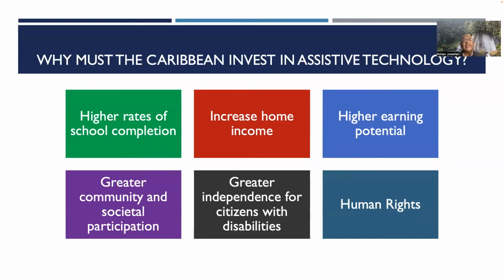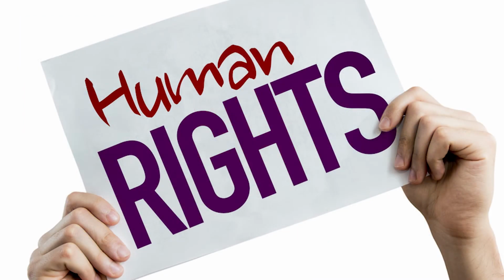So therefore, investing in the Caribbean will allow individuals to have access to technology that will lead to social inclusion and, of course, societal participation. If our country is about human rights and the rights of our citizens, we must ensure that they have access to technology. The issue for me is the one-size-fits-all will not work.